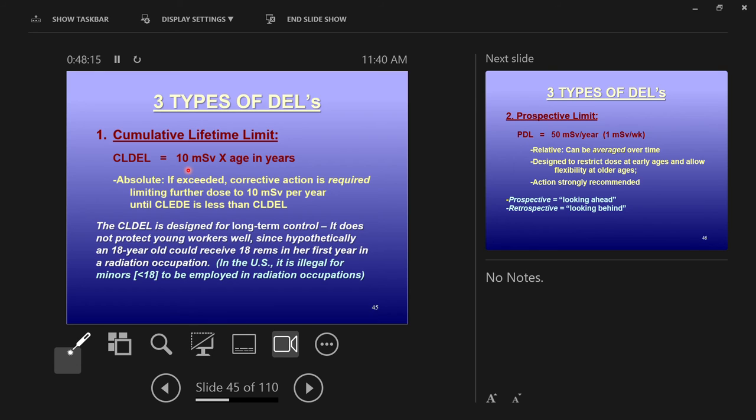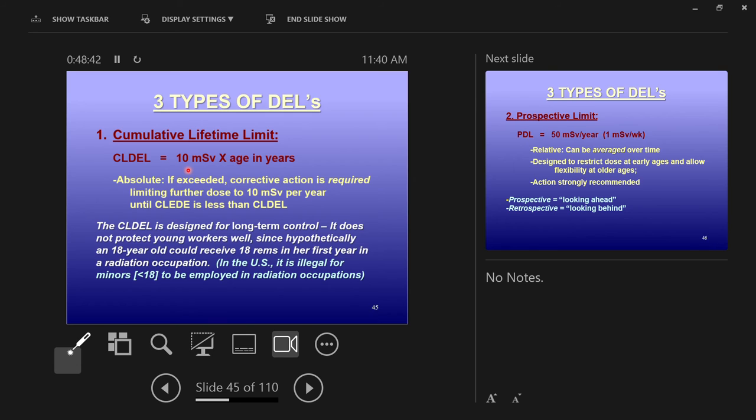The day you start, if you use no other limits, if you ignore the yearly or the quarterly limit, so if I started, I'm 33, if I became a radiographer today, my first day on the job, in my first year, I'd be allowed 330 millisieverts of exposure. And I wouldn't go over any limits, okay? I can go up to that.